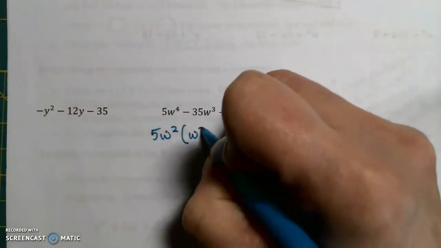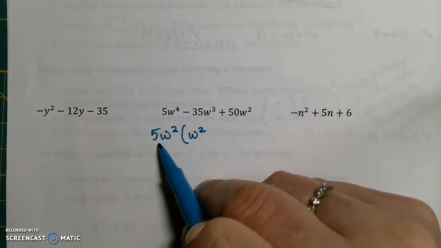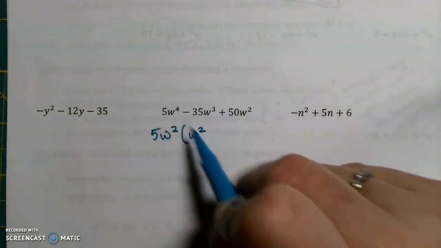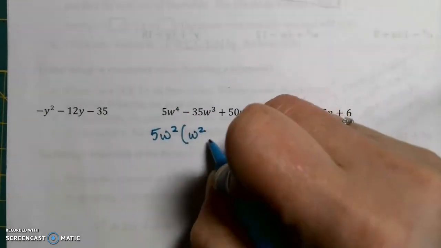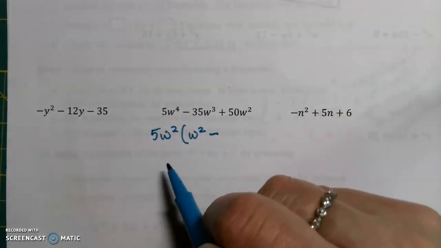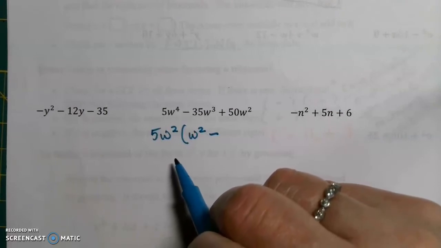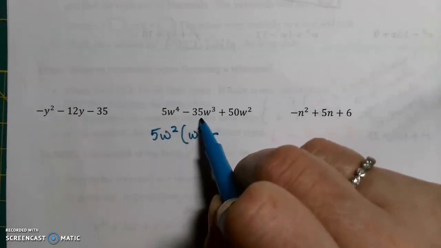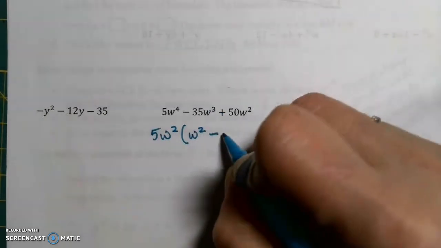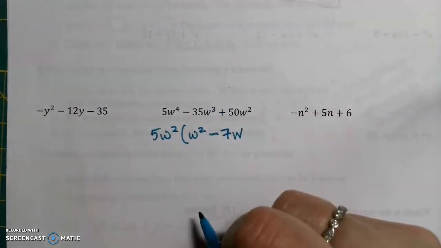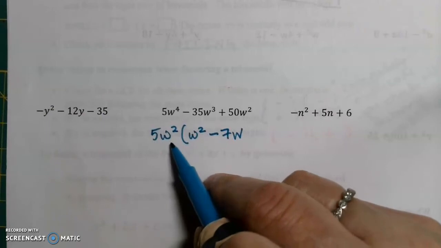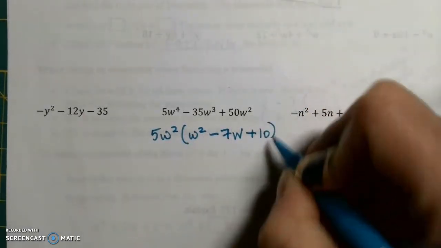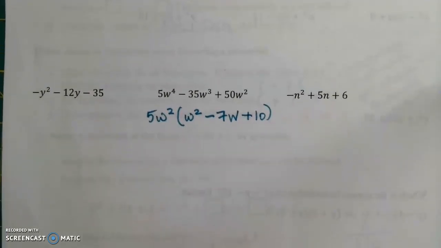So leaving behind a w squared, because what times 5w squared would give me 5w to the 4th, we've got to have a w squared there to make that multiplication work when I'm going backwards. And then what times 5w squared gives me 35w cubed, so that would leave behind a 7w. And then what times 5w squared would give me 50w squared, so plus 10. So the GCF is out.